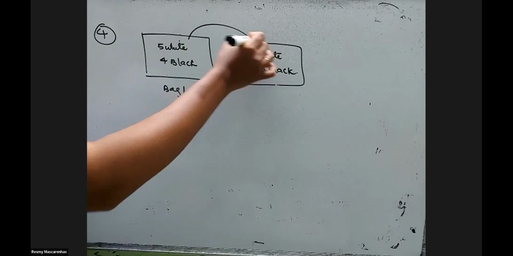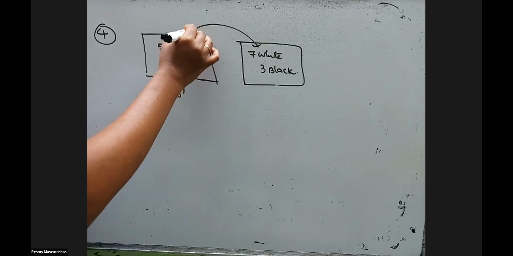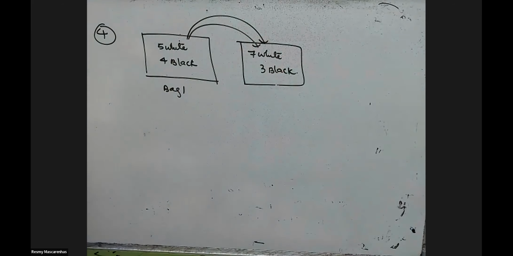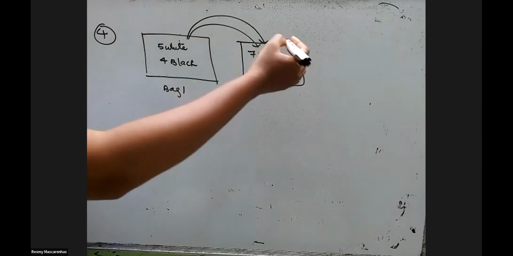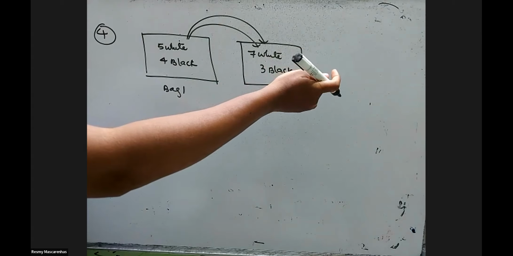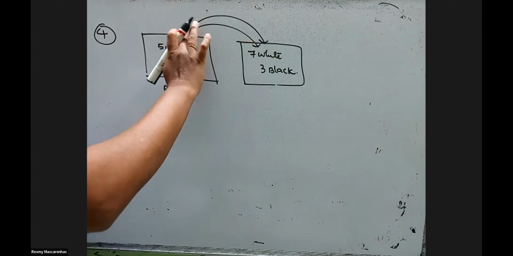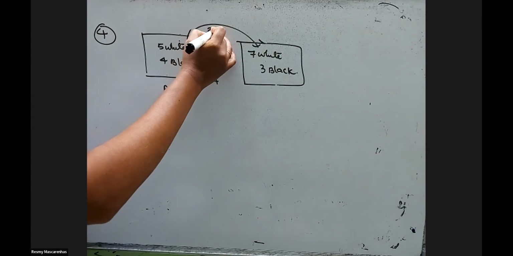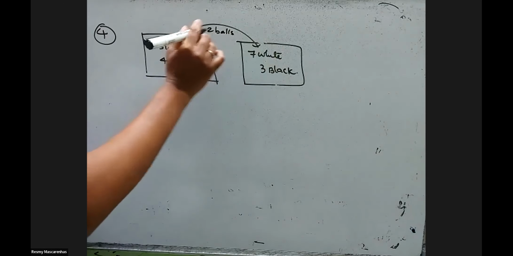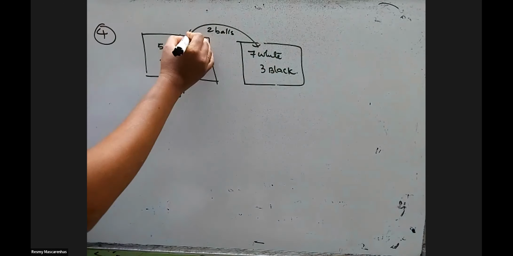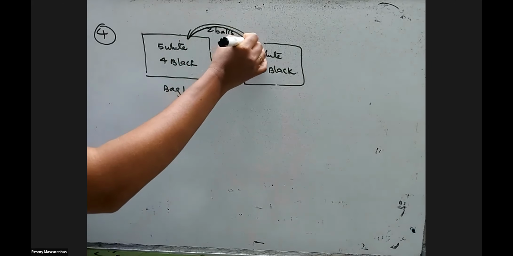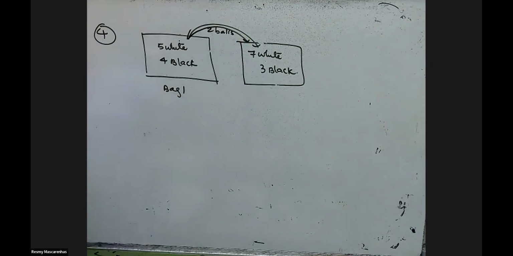Now here, 2 balls are transferred. So I will just write 2 balls. 2 balls are transferred here, and I'll write like this and put 2 arrows. So these are the 2 balls.